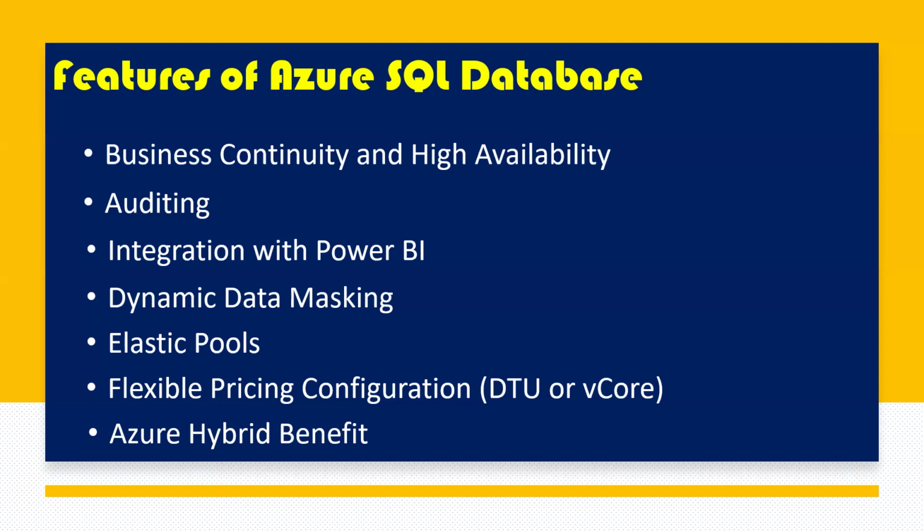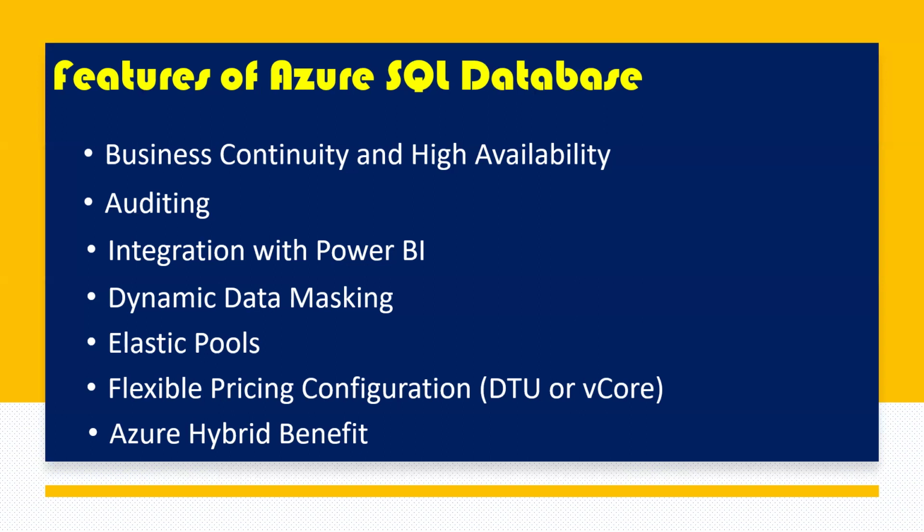So based on what purpose you are going to use the database environment, and how much data you usually process, you can choose either DTU or vCore. Even in DTU we have 3 categories, and in vCore also we have 3 categories.